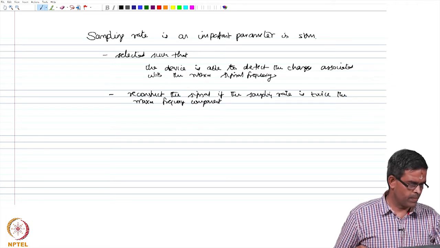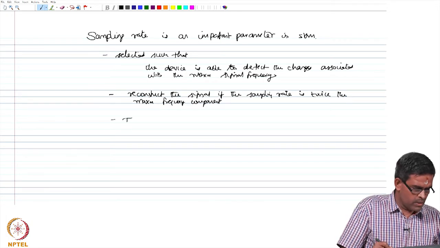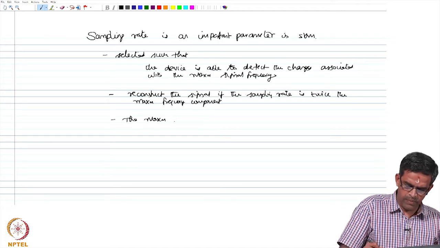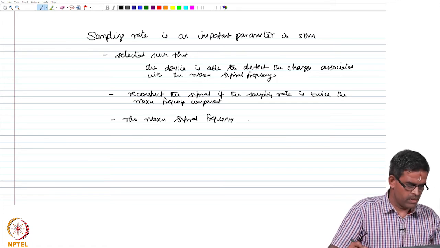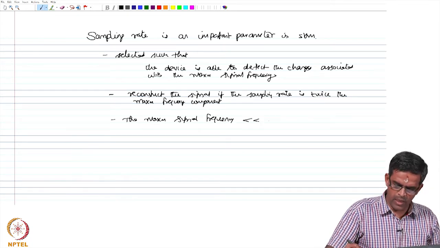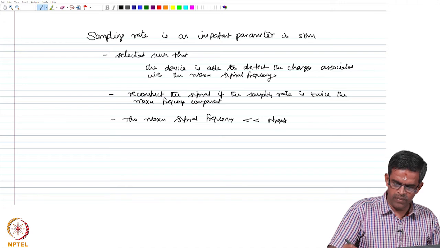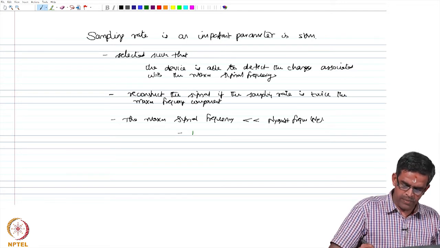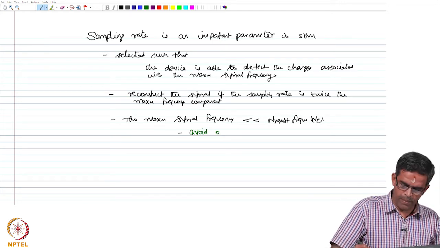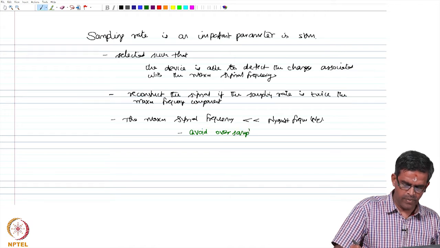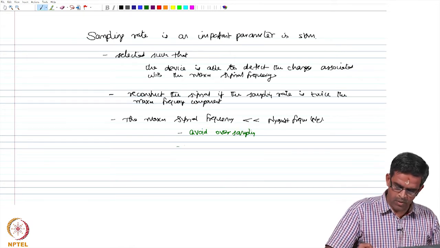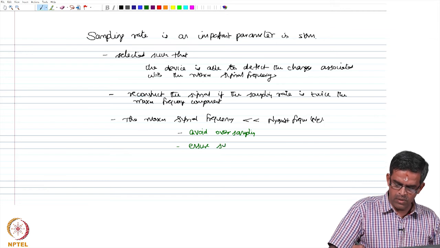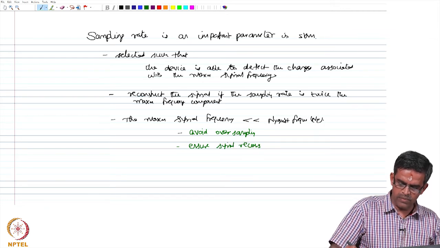Okay. So, it is very important that the maximum signal frequency shall be much lower than the Nyquist frequency so that you can avoid oversampling and you can ensure signal reconstruction.